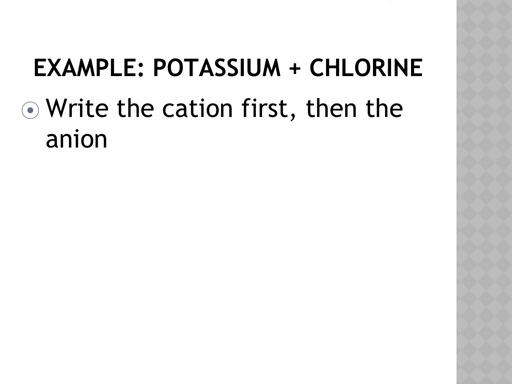All right, so the first example, we're going to combine potassium and chlorine, and we're going to end up making potassium chloride. When we write ionic compounds, the cation always comes first, always, always, always. And when you're given the name, the name always puts it first also. So the cation is potassium. The first thing you have to do is look up the symbol.